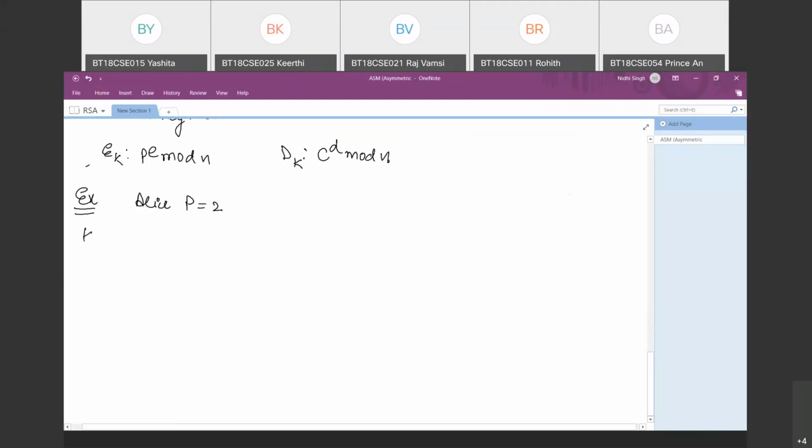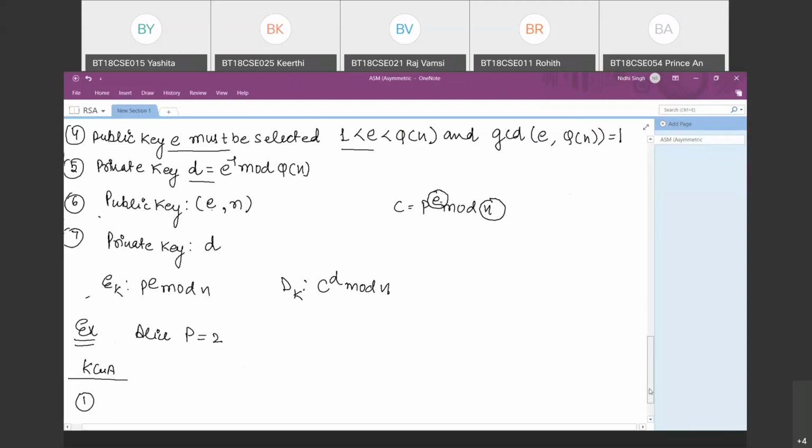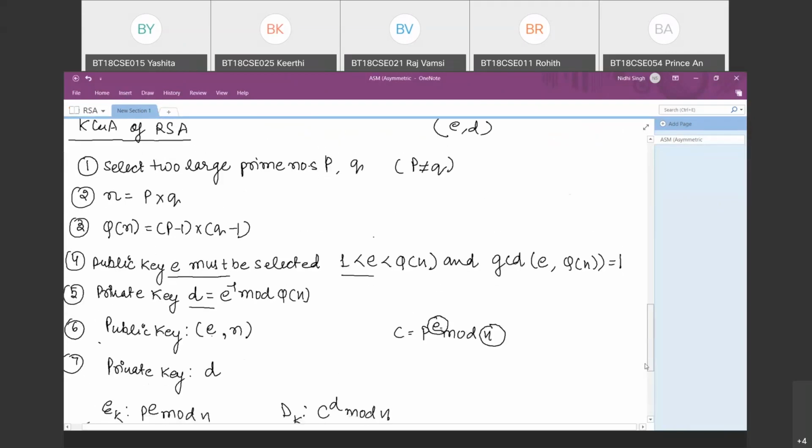Now the key generation algorithm. What is the first step? The first step was to select two large prime numbers P and Q.